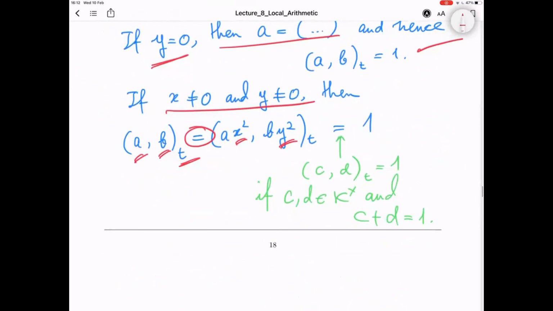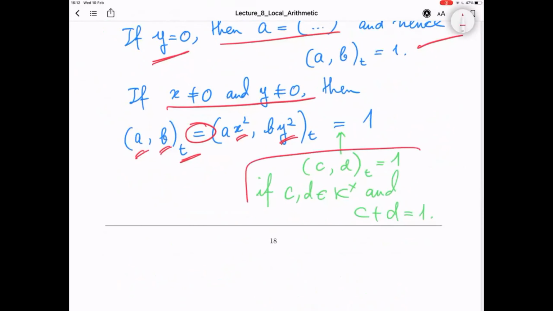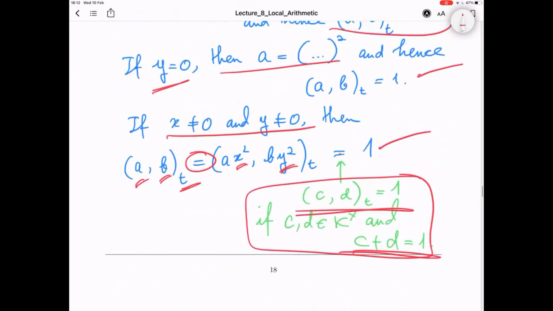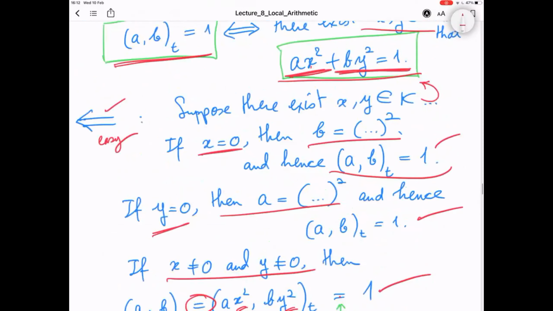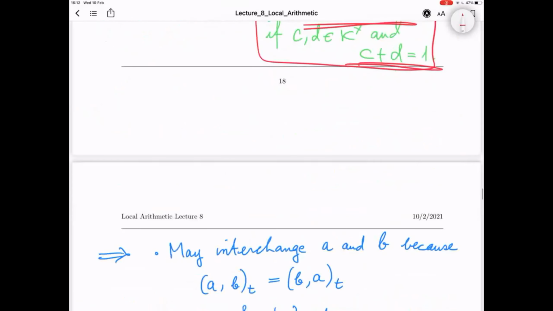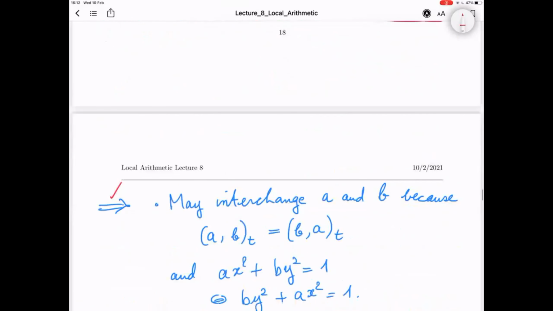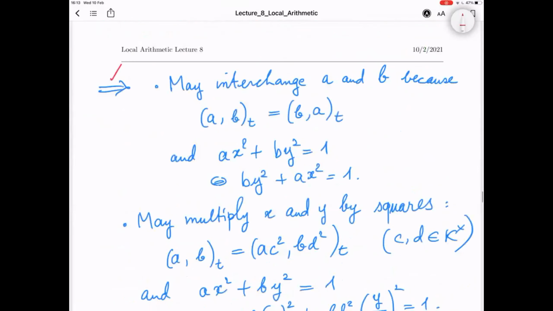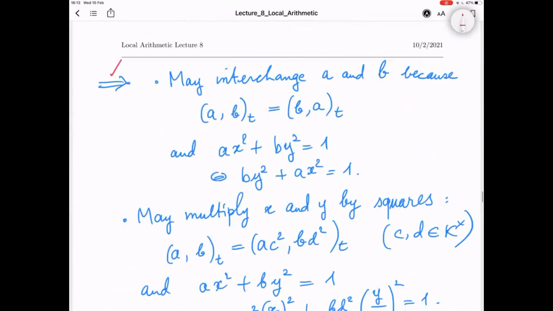Now I apply this fact which I've just proved, that if the sum of two things is equal to 1, then the Hilbert symbol is equal to 1. That's what I'm using here to conclude that this is equal to 1. So this implication has been proved, and now we have to prove the other implication, this one here. As before, this is really similar to what we had done for Q_p.